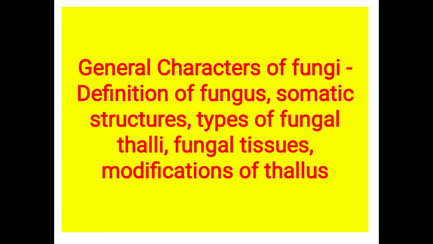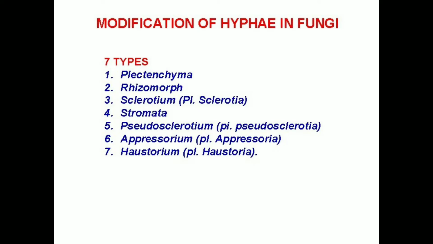In that we already discussed the general characteristics of fungi and the definition of fungi. So next we discuss an important point, modification of hyphae in fungi. Here, modification of hyphae means the hypha modifies itself, or the fungus changes its own structure due to certain unfavorable environmental conditions.